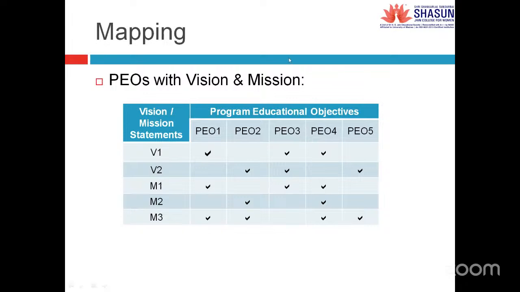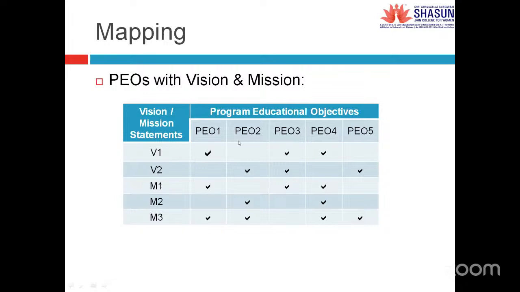We have defined the program educational objectives common for all our graduates. PO1, PO2, PO3 are the general graduate attributes of any graduate passing out of our institution. So these POs are set at the institutional level.